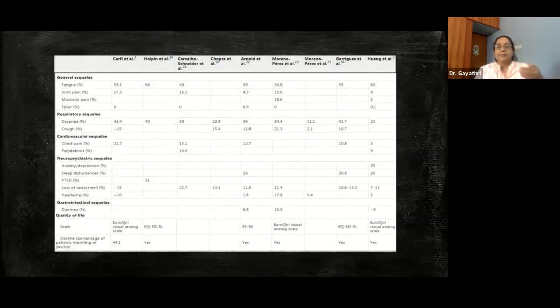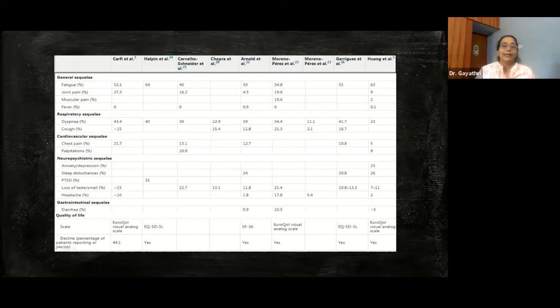And what this meta-analysis tries to analyze is what are the common symptoms seen in the post-COVID state. As you can see here, they have divided it into general sequelae, where the patient will have fatigue, joint pain, muscular pain, or respiratory sequelae, where the patient will have dyspnea, cough, or cardiovascular, like chest pain and palpitations, anxiety, sleep disturbance, post-traumatic stress disorder, loss of taste, headache, and diarrhea.